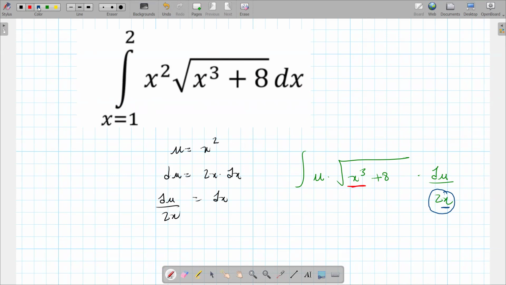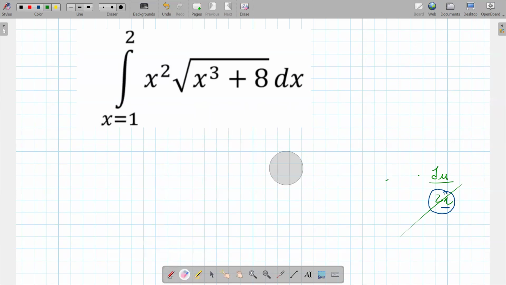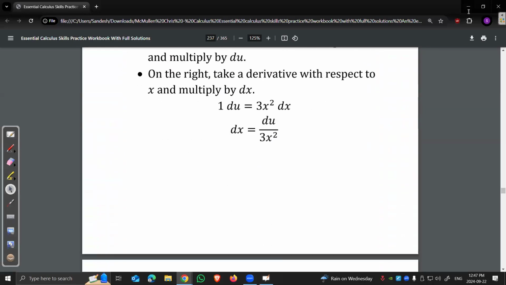This becomes a problem now because you're trying to integrate two different variables. You have u, but you also have x cubed. So that becomes multivariable. It becomes a lot more difficult. The way we did it, we were able to cancel out the x's straight up, the x squared, x squares. So that way is much easier. You only want to do it with respect to one variable, if possible.